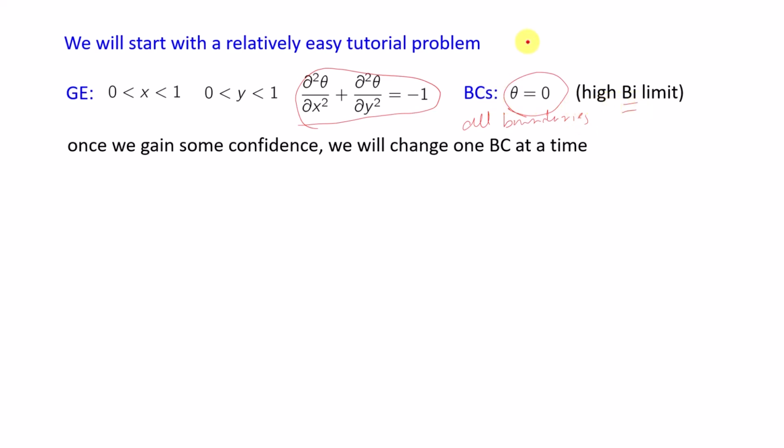For instance, if we have convective boundaries all over, the boundary condition is del theta del x or del theta del y plus Bi theta equals 0. And when the Biot number is high, you can write this as 1 by Bi del theta del x plus theta equals 0. When the Biot number is high, this term actually goes down and theta becomes 0.